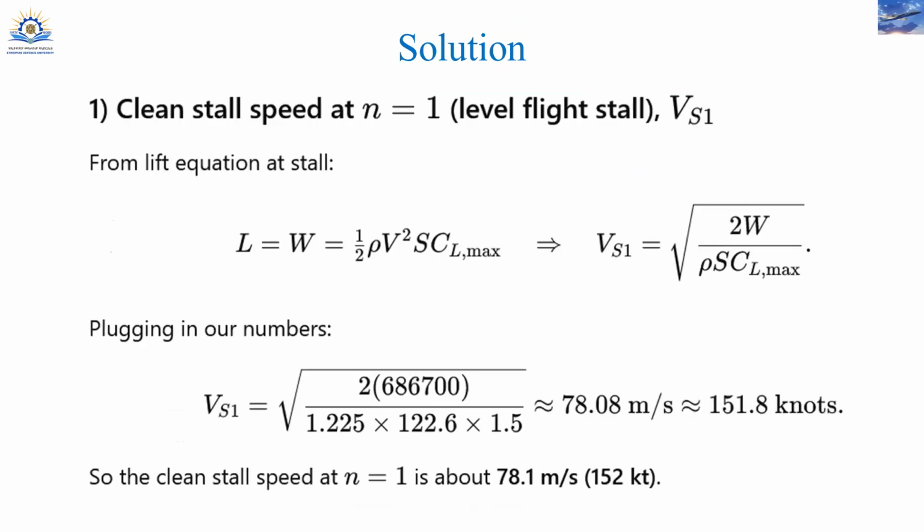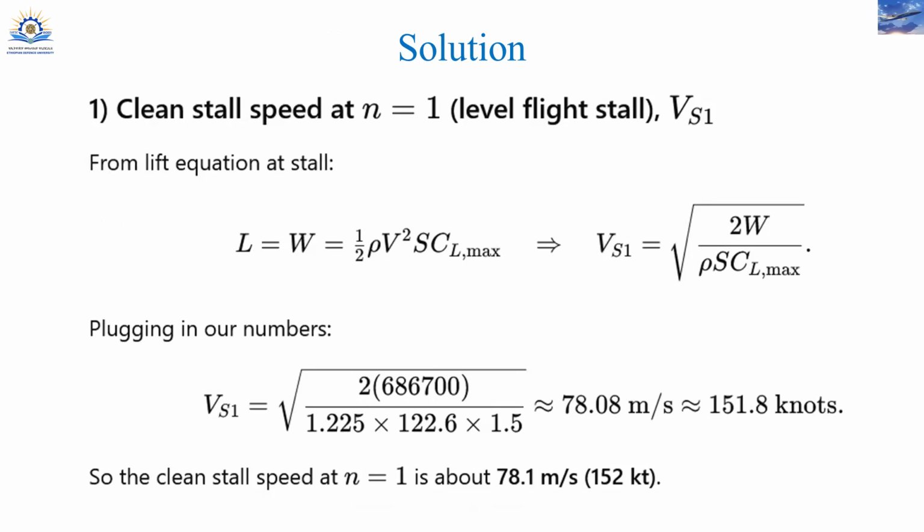first, clean stall speed, that means it is at N is equal to 1, it is called clean stall speed. Okay, so for the level VS1, W, so that VS1 is equal to square root of 2W because N is 1 over rho S CL max. So directly applying that, what do we get from this?